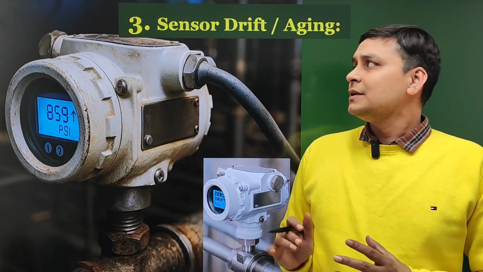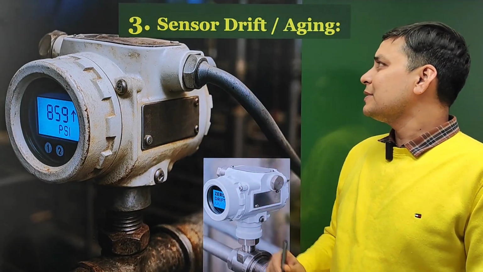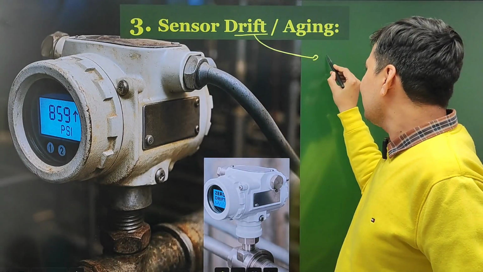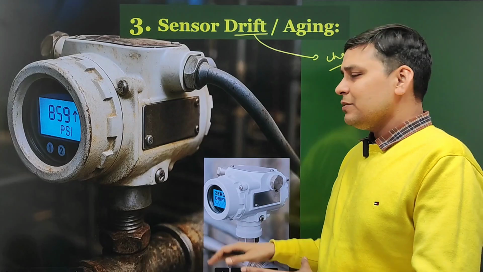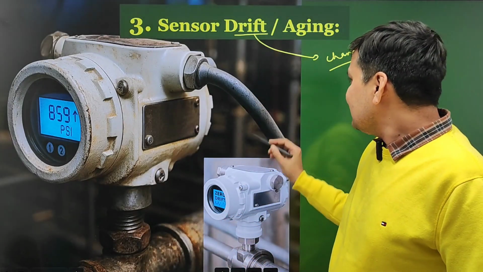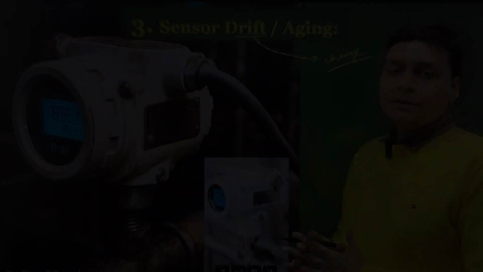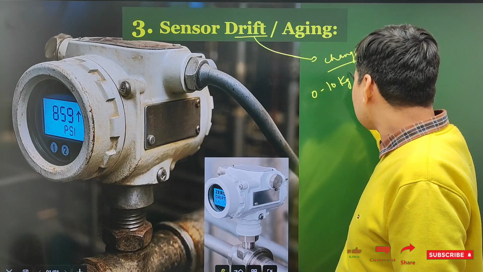Now the next reason is sensor drift or aging. First we will discuss what is sensor drift. Look friends, drift is nothing but change. Sometimes when we are using the transmitter for a long time, its reading may change. So it is called drift. Suppose the transmitter range is 0 to 10 kg per centimeter square.